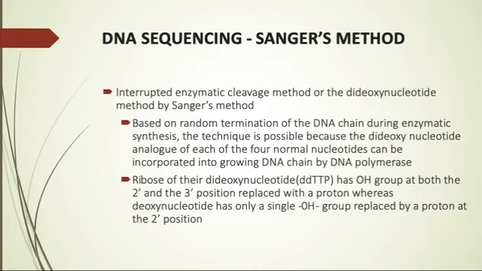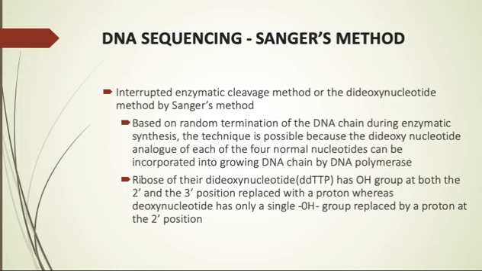So the ribose of the deoxynucleotide has a hydroxyl group at both the ends, that is in the 2' and also in the 3' position, replaced with a proton, whereas the dideoxynucleotide has only a single hydroxyl group. It is replaced by a proton at the 2' position.